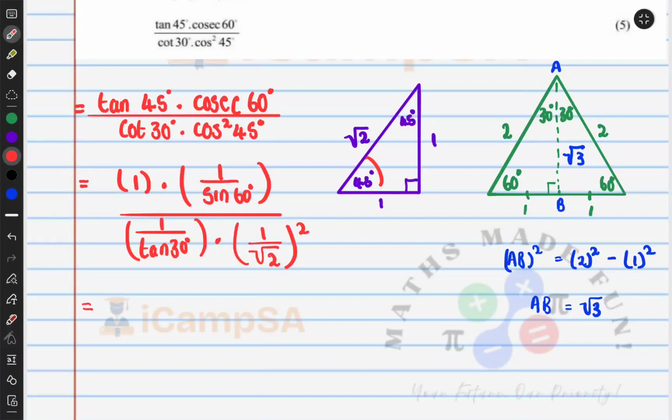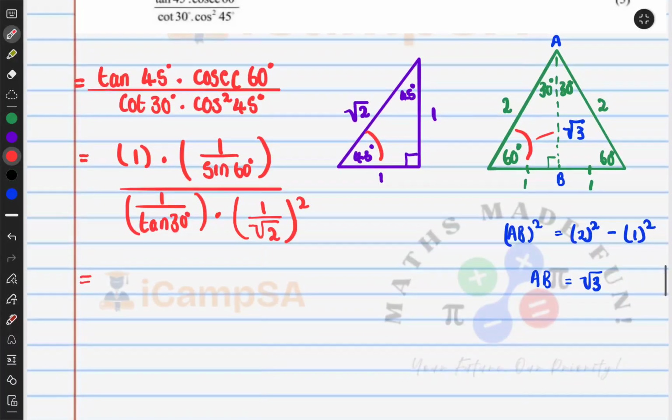What is sine 60? Sine is opposite over hypotenuse, so looking at this angle, the opposite side is root 3 over the hypotenuse 2. So it's root 3 over 2. We have 1 over root 3 over 2, all over 1 over tan 30. What is tan 30?